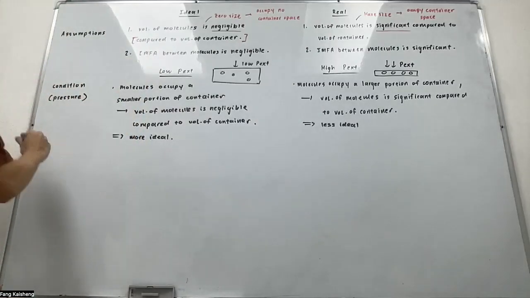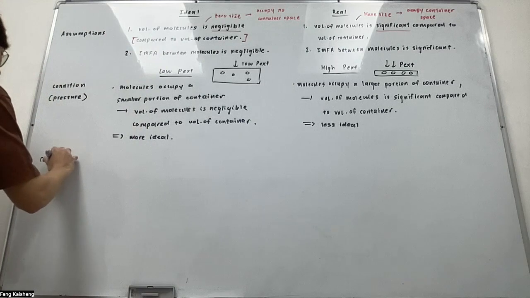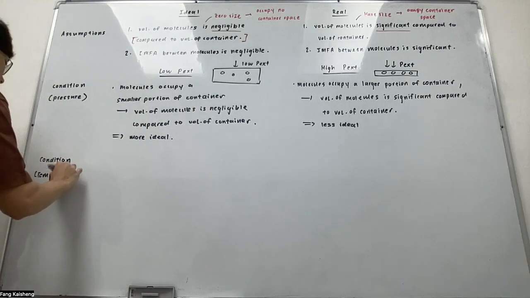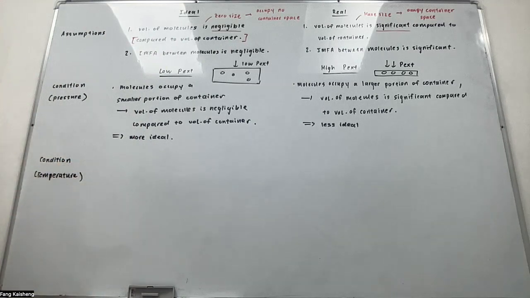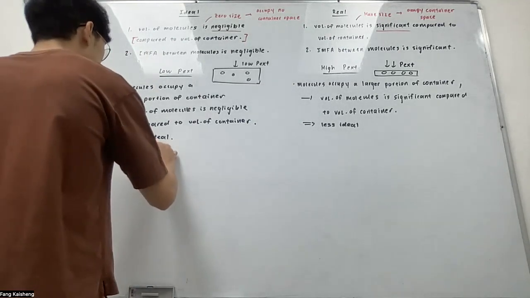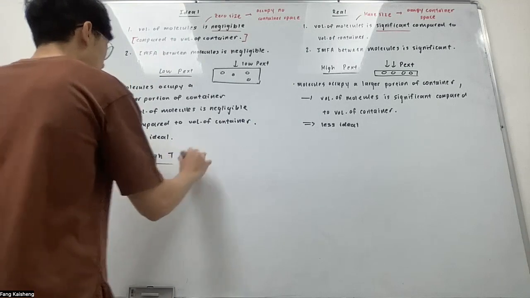So the next condition that we have is temperature. Temperature is a very simple idea because you have learned this in physics as well. Once again, we have high temperature and low temperature.